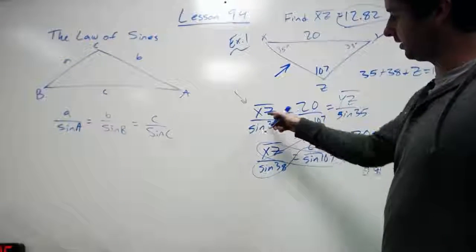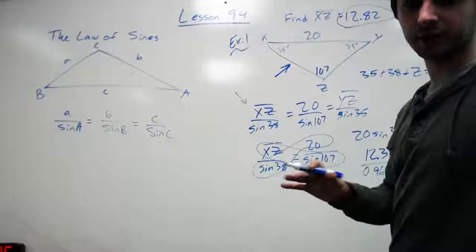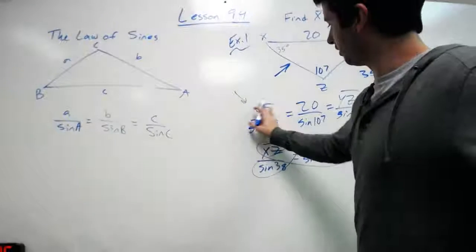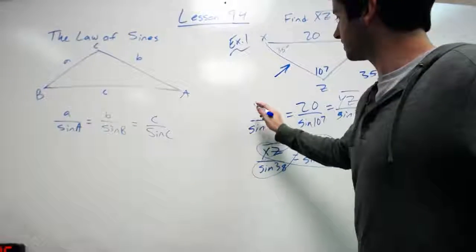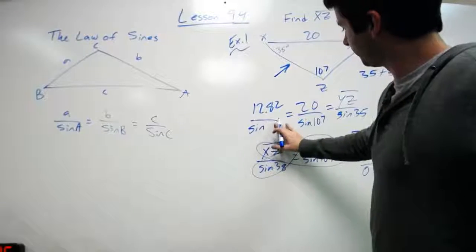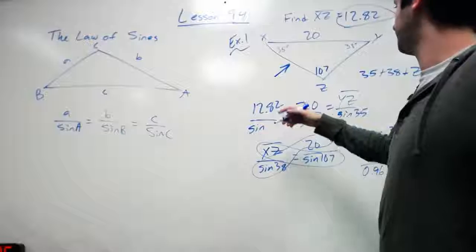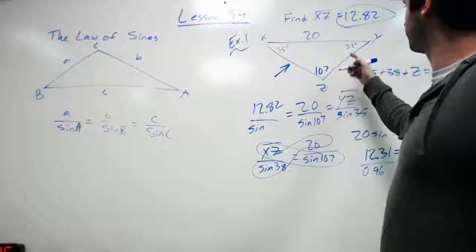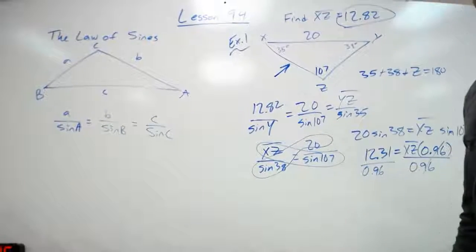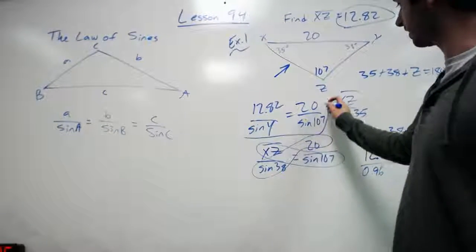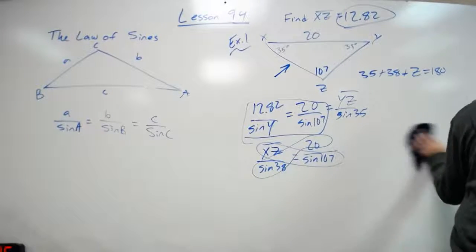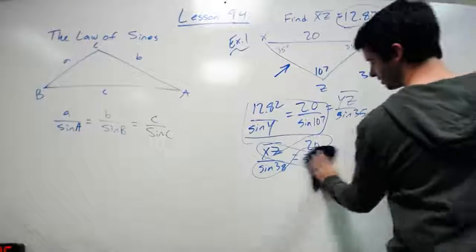Now, in example 3, I'm not going to go through the whole thing, but it might give you both sides. Say this side we already knew was 12.82, and we need to find sine of y, the angle opposite 12.82. We can once again set up this proportion.